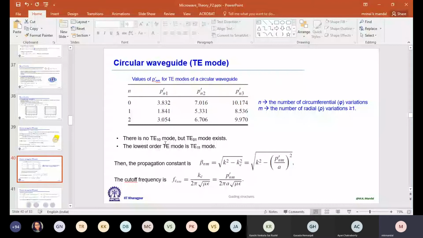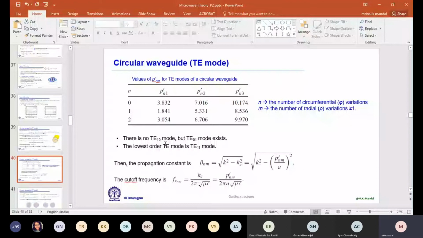Now, if I put m equal to 0 or n equal to 0 with the corresponding n equal to 1 and m equal to 1, that means the TE10 mode and the TE01 mode. We'll see from the expressions that there is no TE10 mode, but we have a TE01 mode. What does that mean? It is not like a square or rectangular waveguide; it is a circular waveguide.